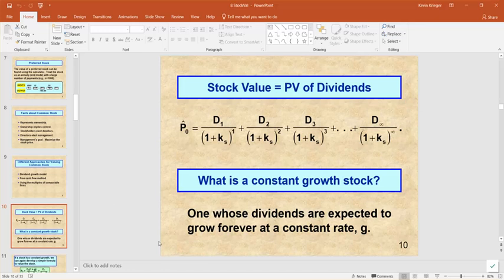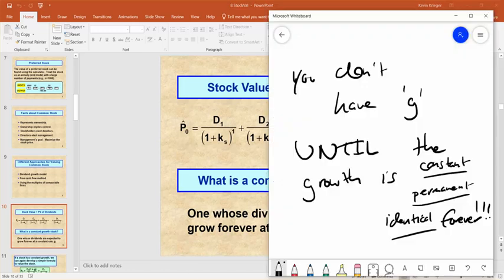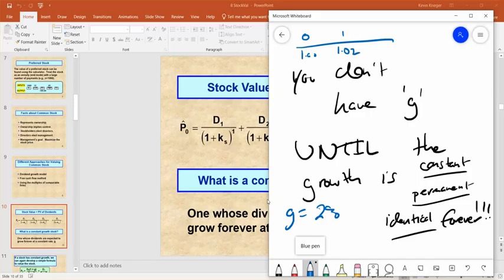It's super specific. Saying that they grow at rate G, for example, say that G equals 2%. That means that if today's dividend was $1, the next period has to be exactly 1.02, and then 1.02 times 1.02, which is 1.0404, I think.